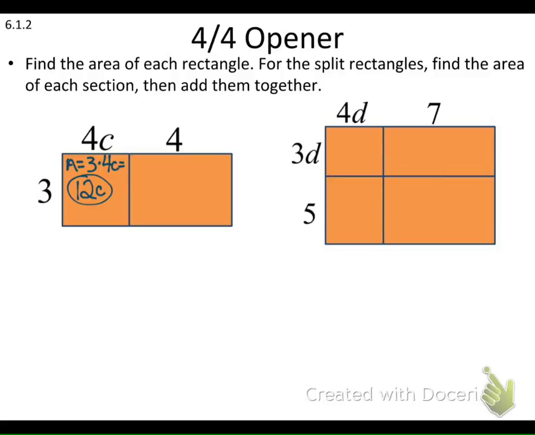Now moving on to my second rectangle in this overall shape. I'm looking at this rectangle now. So my height for this rectangle is going to be 3. My width, 4, equals 12.